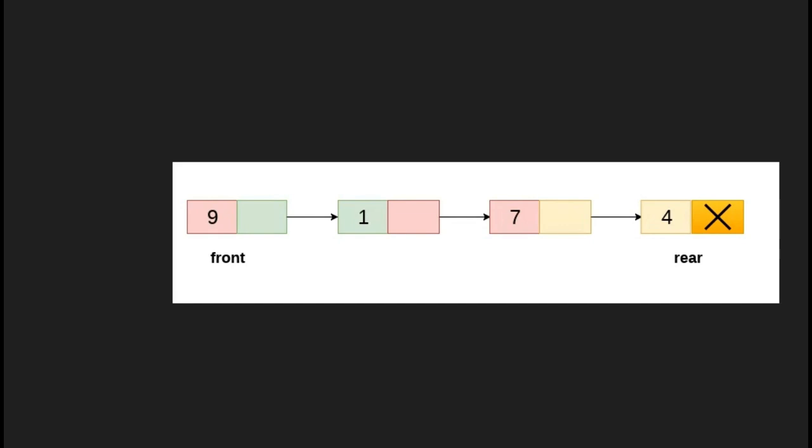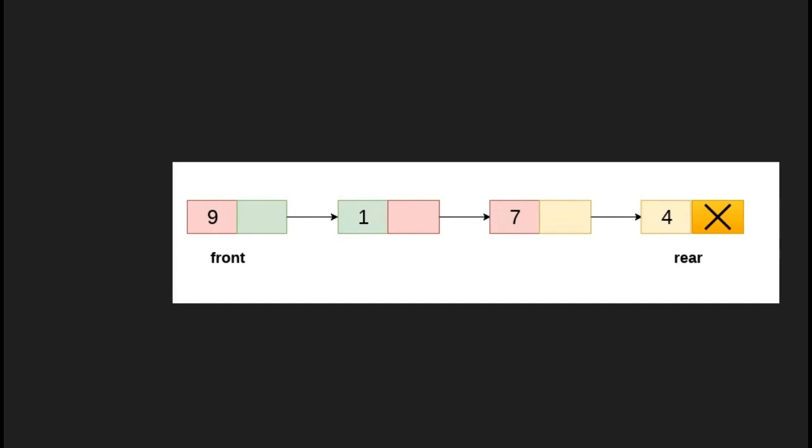First of all, front is equal to temp. Then front is equal to front's next. Then we are freeing up this temp. Temp remains here, we leave this temp right there, and we are joining from this front. Try to understand.